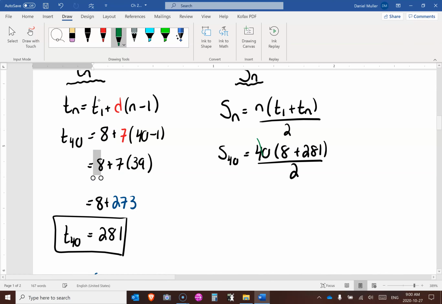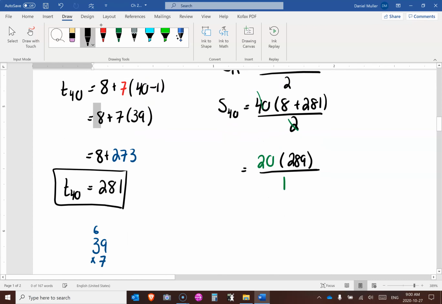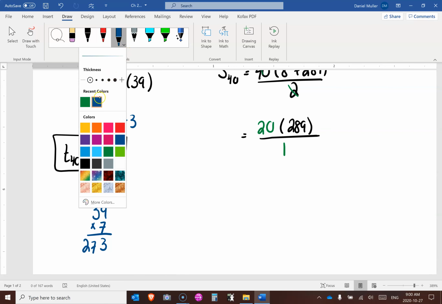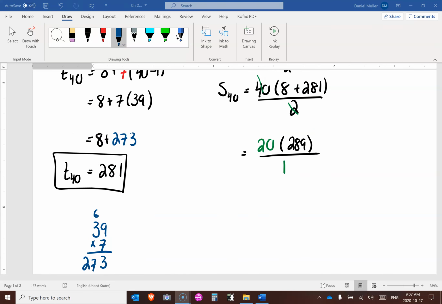So the 40 and the 2 can simplify to a 20 and a 1. I always like to do that. And then this right here is going to be 289. Now I don't need the over 1. Problem is I don't actually know what 289 times 20 is.